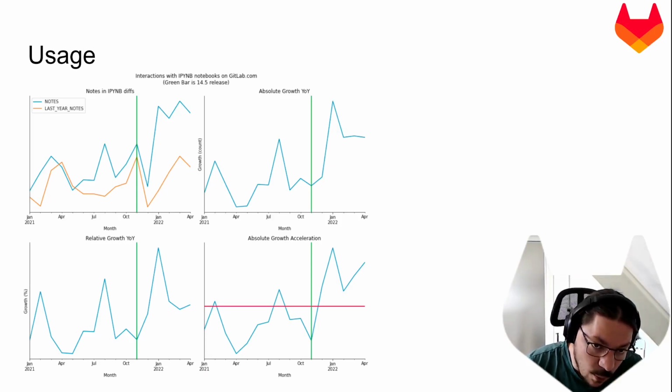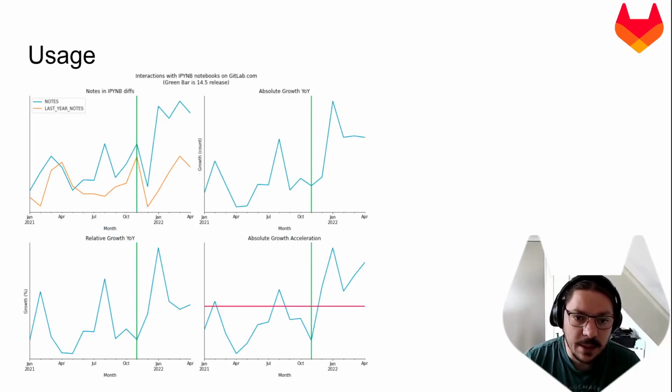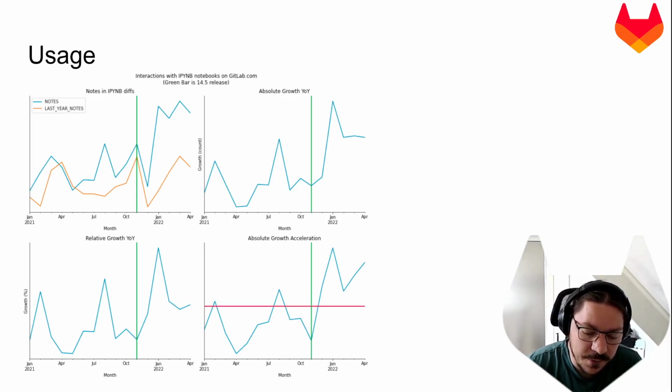And the most interesting one is the growth acceleration. We see that before 14.5, the growth of comments on notebooks had been decreasing, but after the release of 14.5, we see a big growth. Growth on the growth.